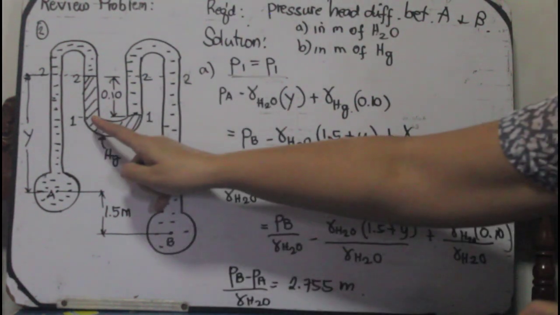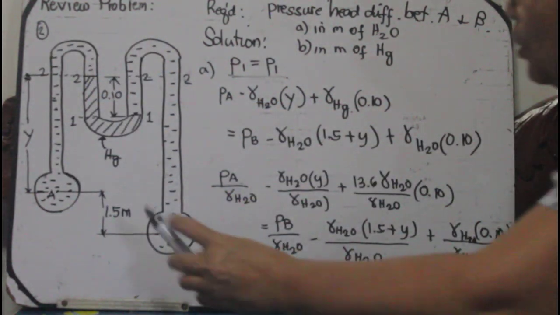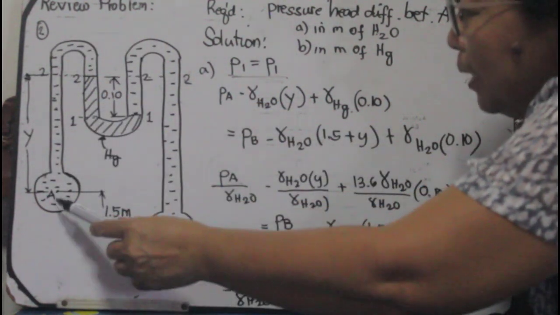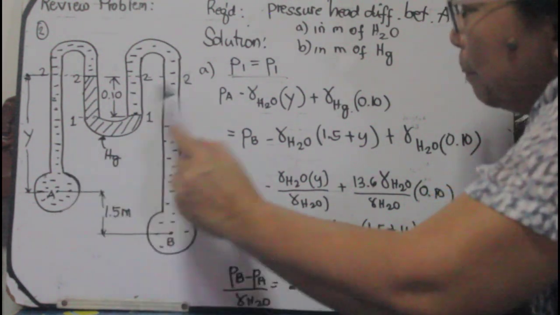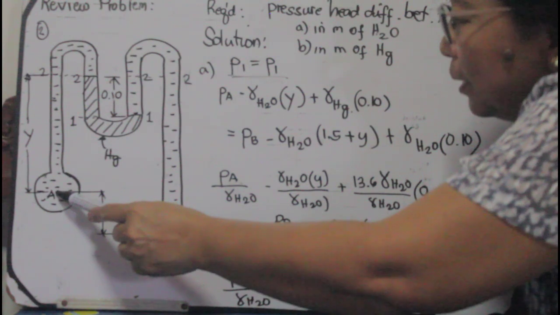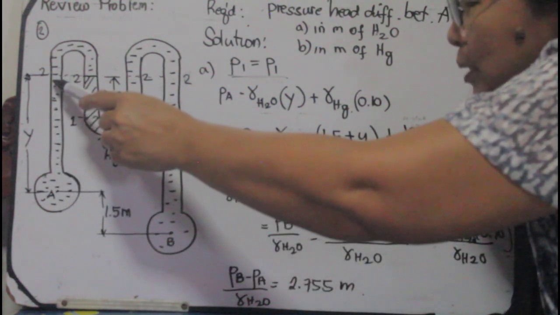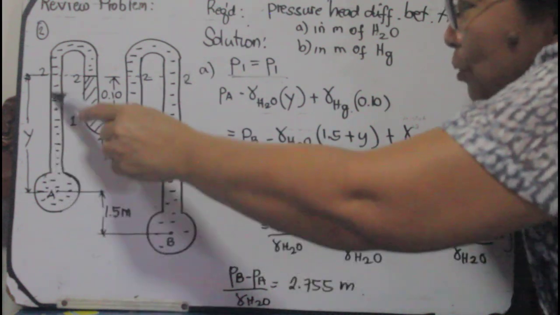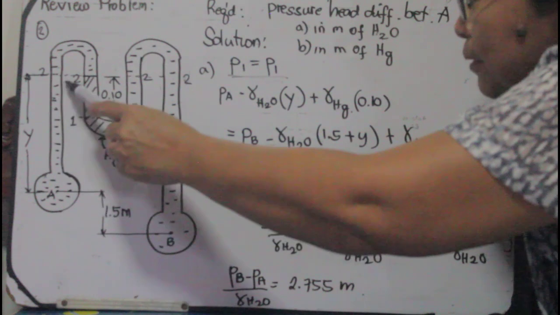So, ano yung pressure at point 1 dito sa left side of the manometer? The pressure at point 1 can be obtained by this equation. Ito ipo-formulate natin. Pressure at 1 is equal to the pressure at A. Pag ikaw ay pataas, mababawasan yung pressure. So, PA minus the unit weight of water that stands Y. Okay?